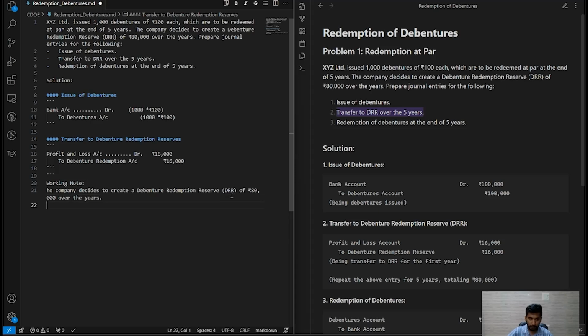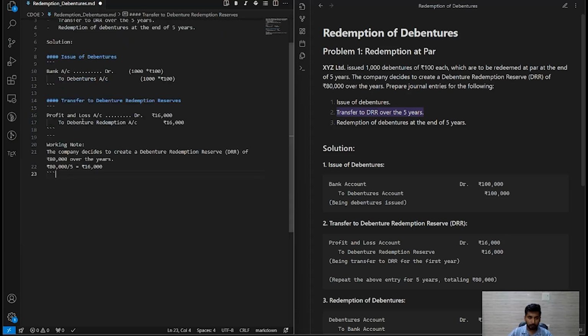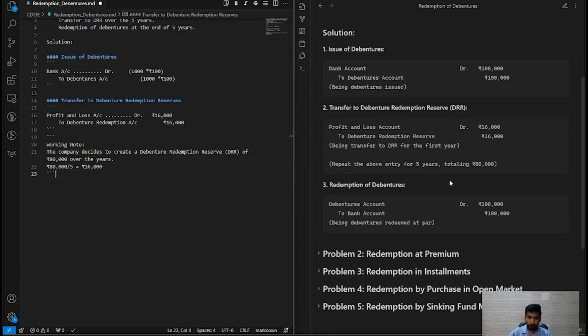So rupees 80,000 divided by 5 will be rupees 16,000. This is how the 16,000 came. And we have to repeat this entry over the 5 years, for year 1, year 2, year 3, year 4, and year 5.